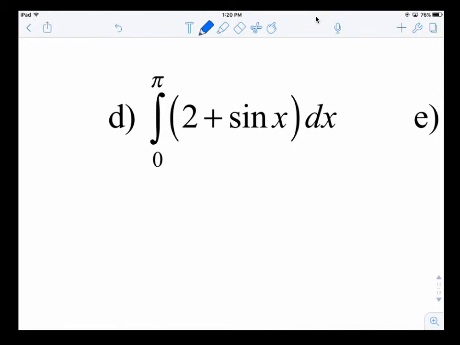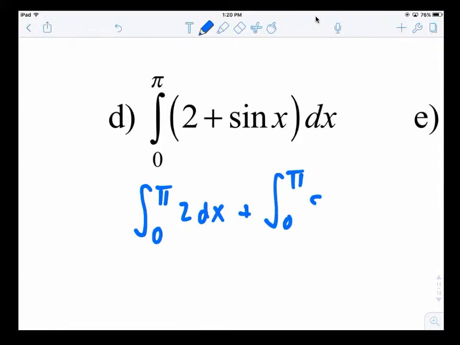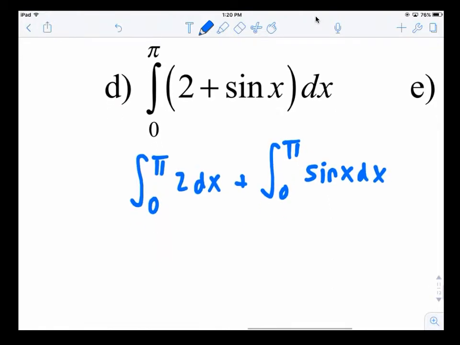2 plus sine of x. So again, get in the habit of splitting those things up. So what would 0 to pi of 2 be? What would that be?